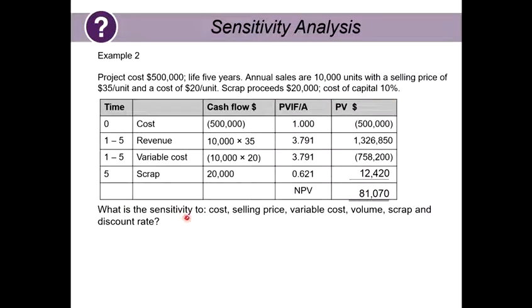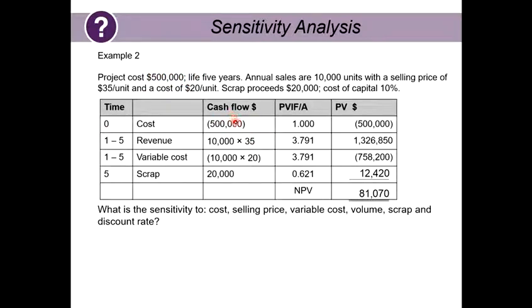So what is the sensitivity to cost, selling price, variable cost, volume, scrap and discount rate. Okay. So again, year 0 kita akan ada initial cost saja, iaitu $500.